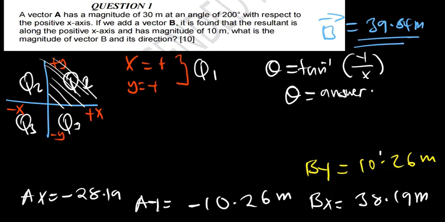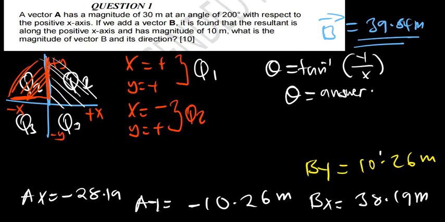Now, if the x component is negative and the y component is positive, definitely I need to think of the second quadrant, because in the second quadrant x is negative and y is positive. So the answer has to be in the second quadrant.